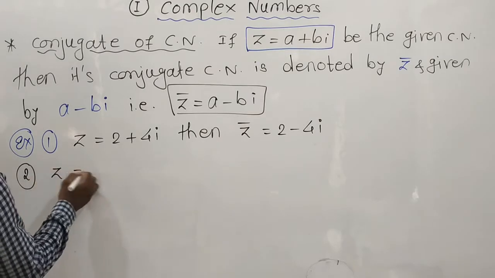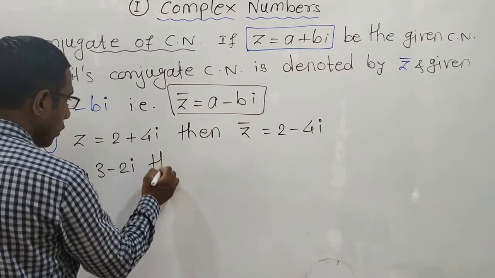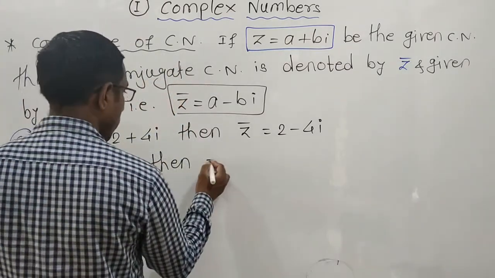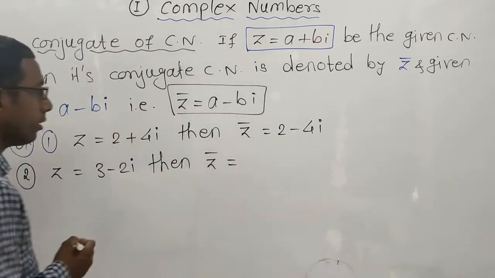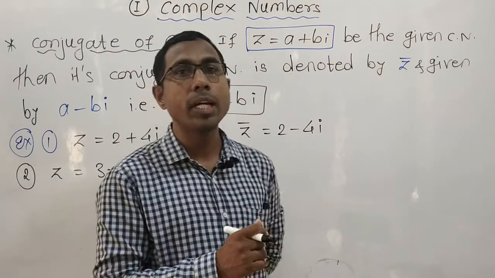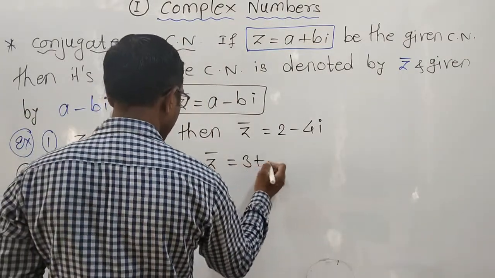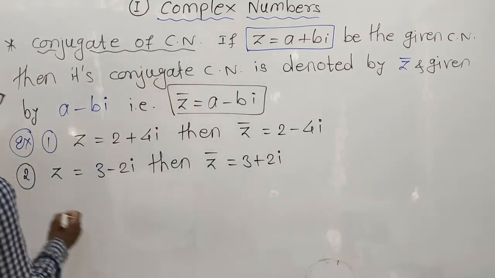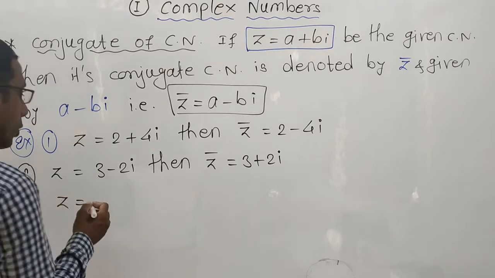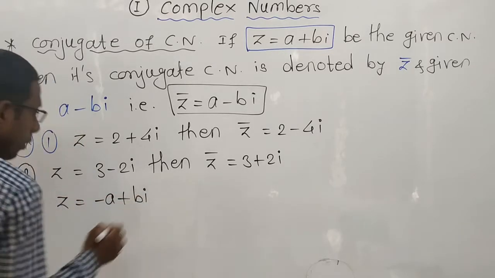Second one, z is equal to 3 minus 2i. Then z bar is equal to, reverse the sign of the imaginary part. Here the imaginary part is minus 2; if I reverse the sign, it becomes plus 2. So it is 3 plus 2i.